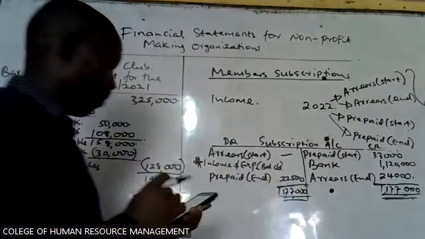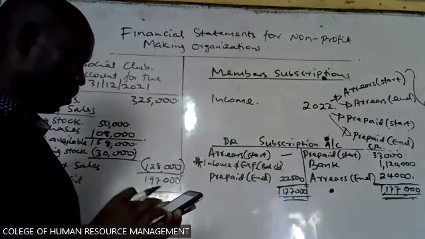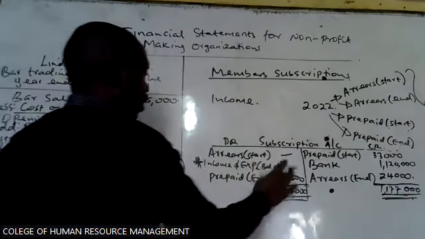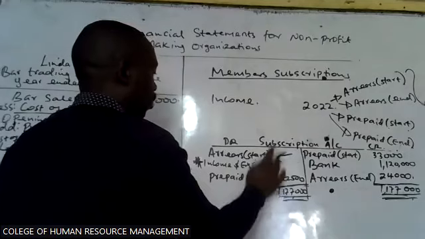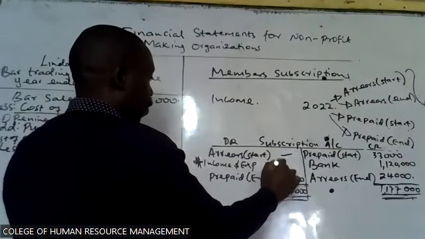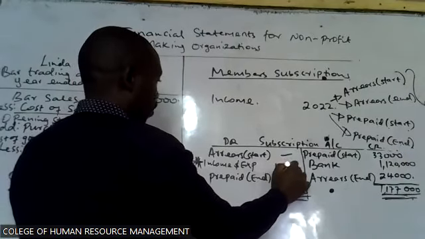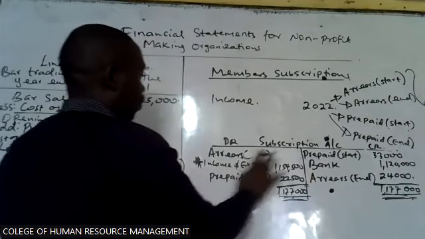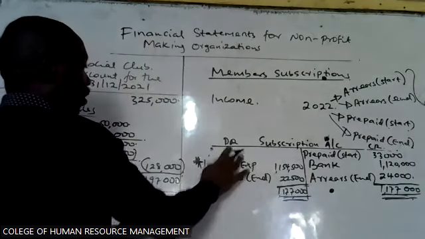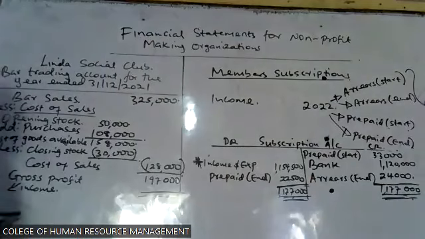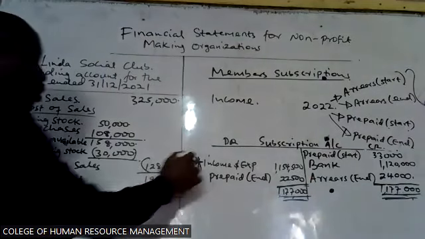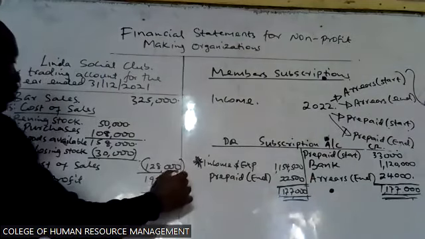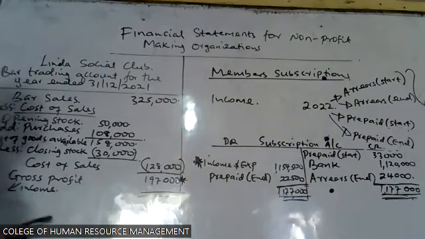Then you minus 22,500. The balance carried down is 1,154,500. That is what we take to the income and expenditure. There is no need of writing this there. That is the end of our subscription account. Note this money, and this one will be our income.